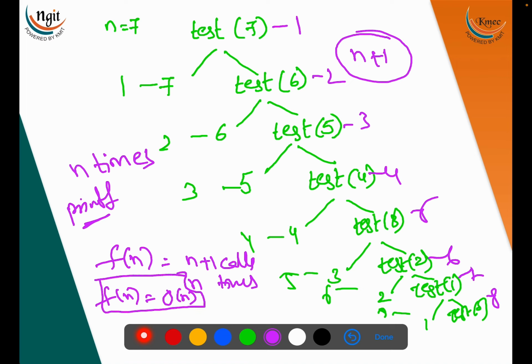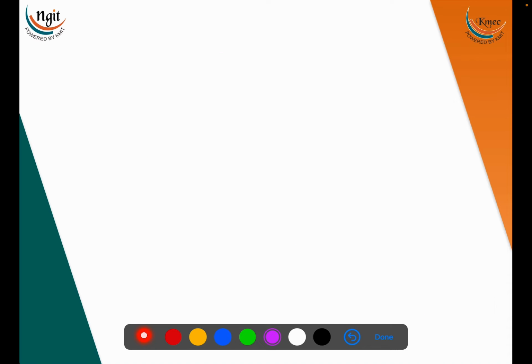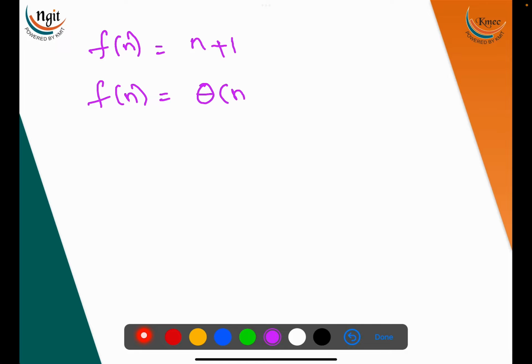The time to execute this algorithm is f of n equal to order of n. This comes from f of n equal to n plus 1. It's not theta, it's order of n.